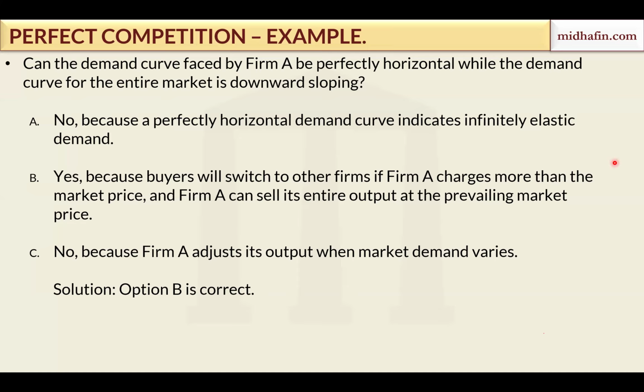In a perfectly competitive market, the demand curve for a single firm was horizontal. But market demand can be downward sloping. In fact, mostly it is downward sloping in the case of perfect competition. Okay, so option B is correct.